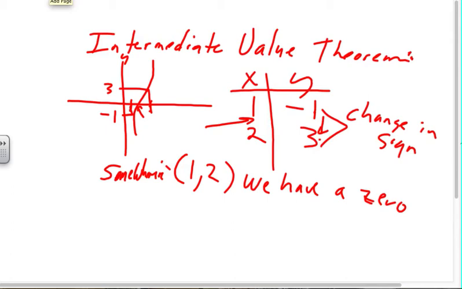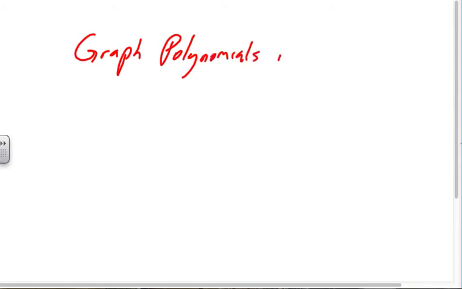Okay, now this becomes important when we come back in, and you're going to have to graph polynomials without a calculator.